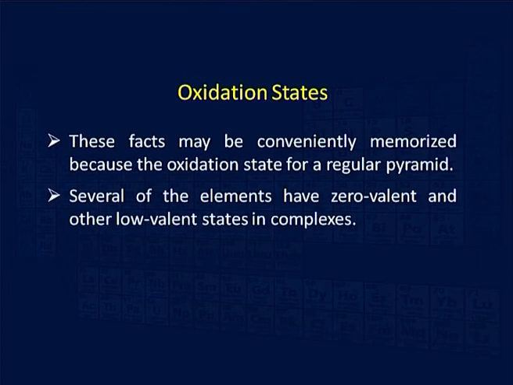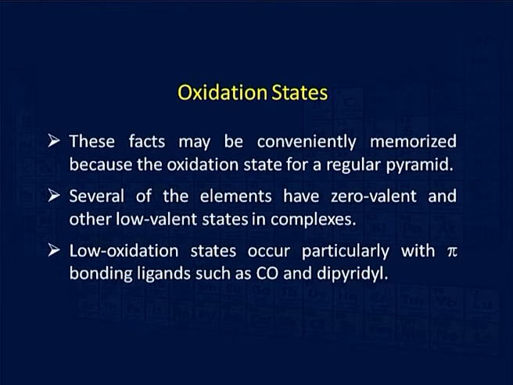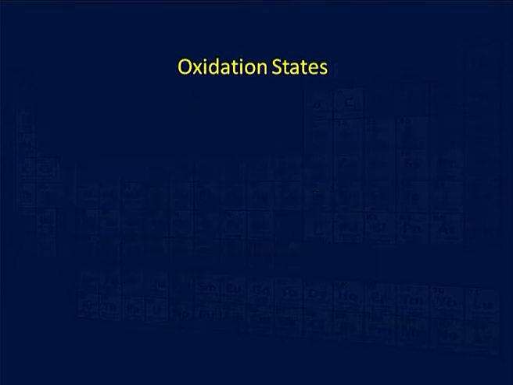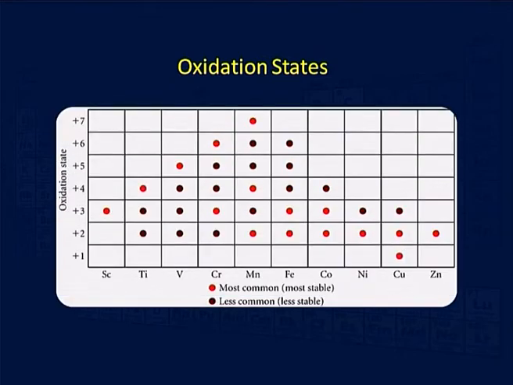Several of the elements also possess zero valent and low valent states. Particularly, zero valent and low valent state compounds are stabilized with pi bonding ligands such as carbonyl and dipyridyl. This figure shows the pyramid change in the oxidation state of the first row transition metal ions.